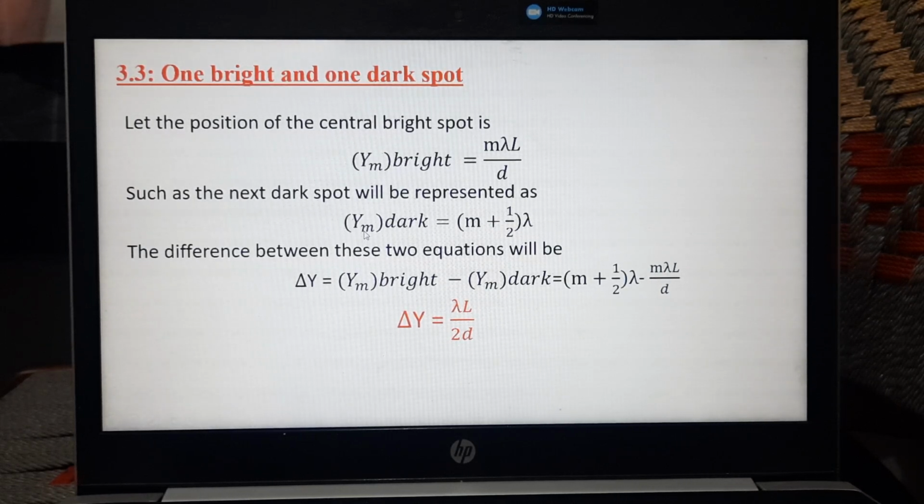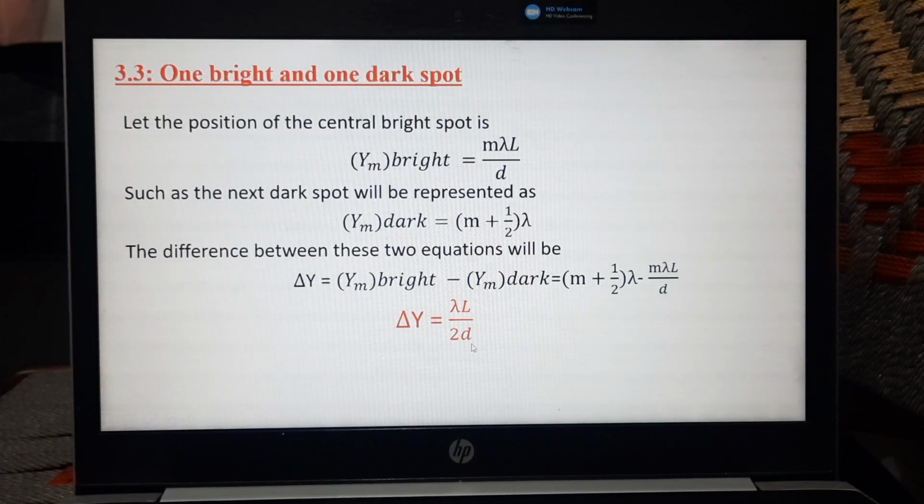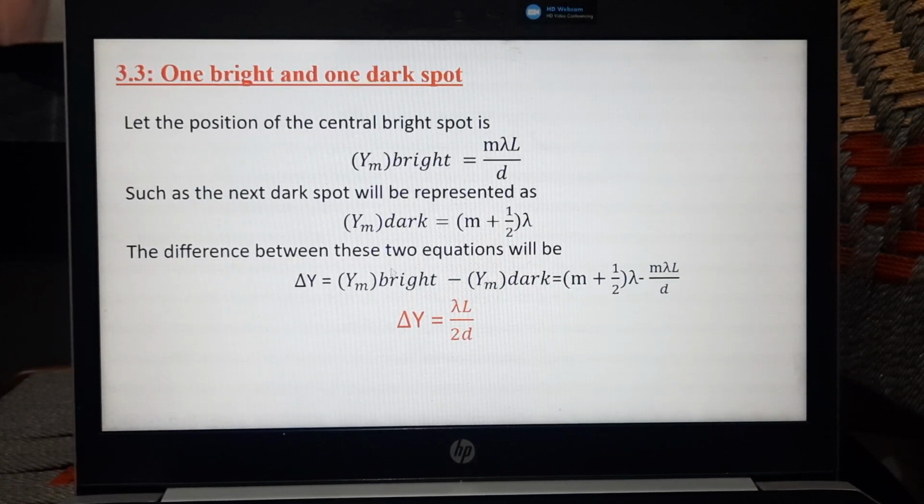Now again, by calculating the difference of these two equations, we subtract them, and as a result we get the distance as lambda L divided by 2D, which is actually half of the distance between two bright spots or two dark spots.